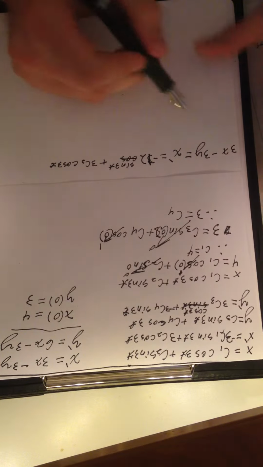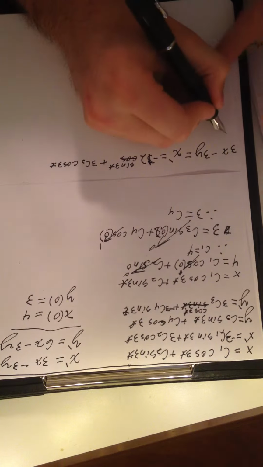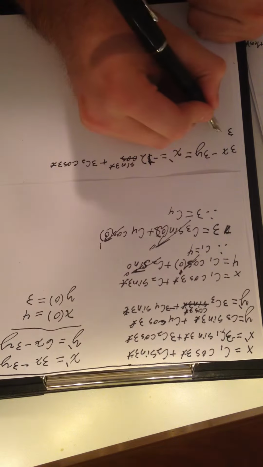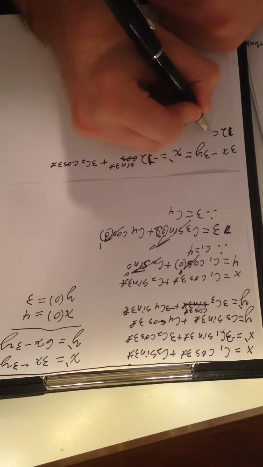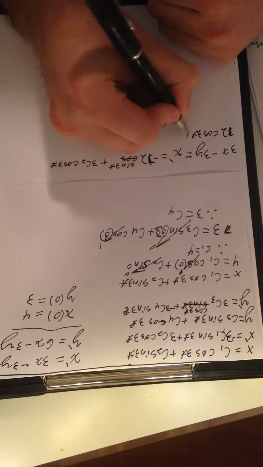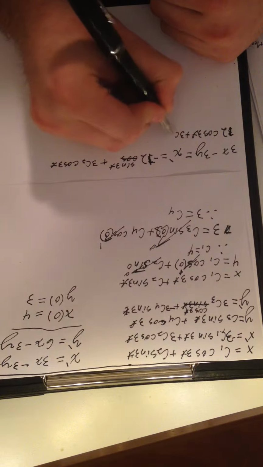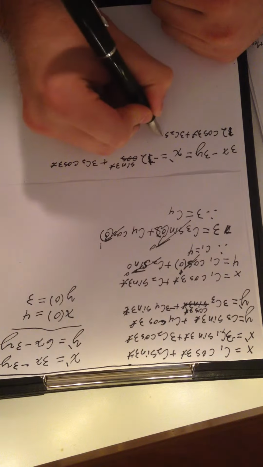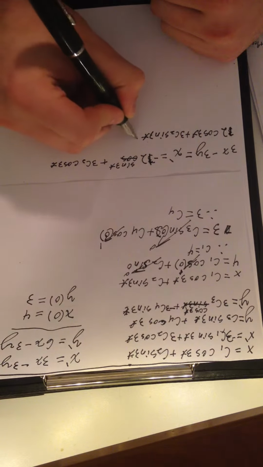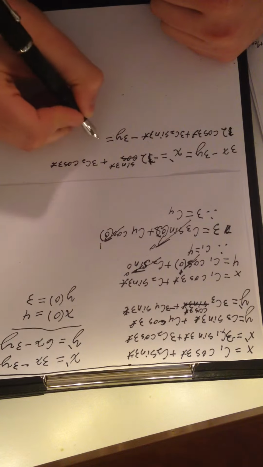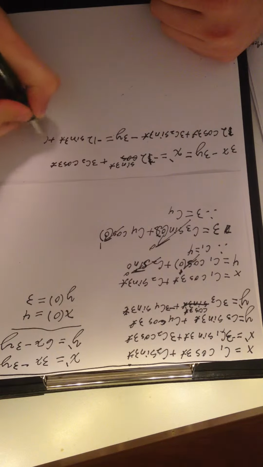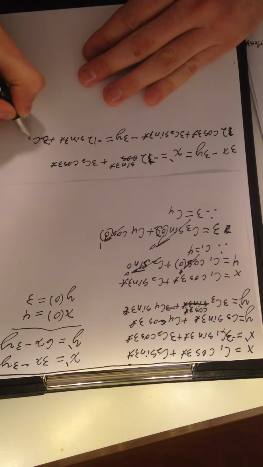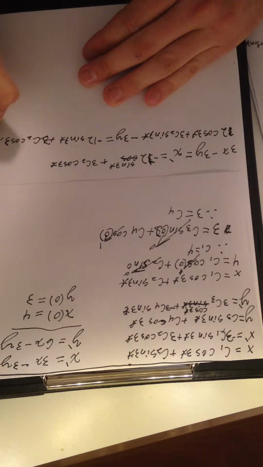So we're going to take that, plug it into here, and we'll find out that it will become 3 times c1, which is 4, so that's 12 cosine of 3t, plus 3 times c2 sine of 3t, minus 3y is equal to negative 12 sine of 3t plus 3 c2 cosine of 3t.